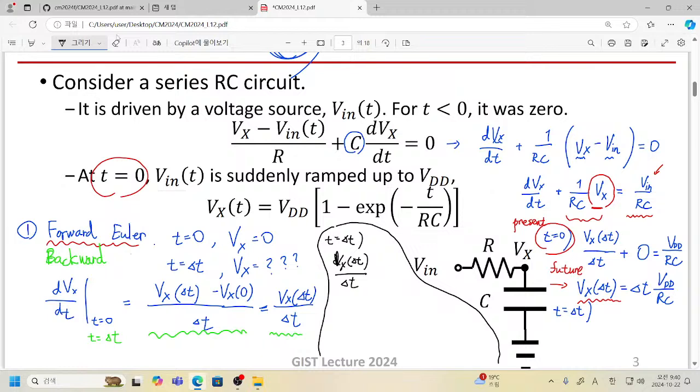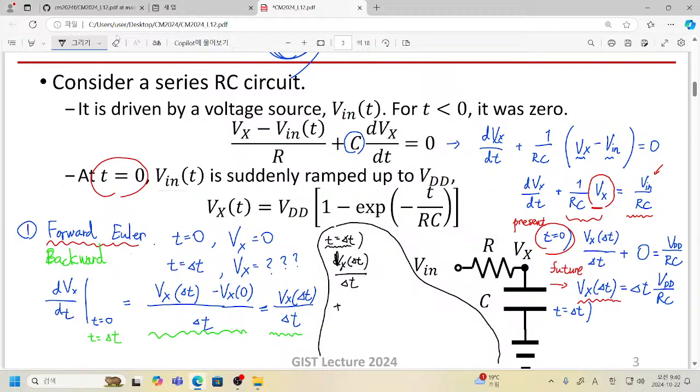And please have a look at this point. The second term is important. Here we have 1 over RC multiplied by Vx. Previously, our evaluation point or present point was just t equal 0. Then now please have a look at what our time instance is.